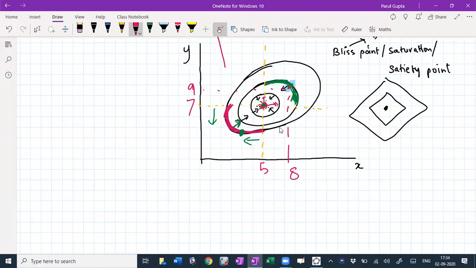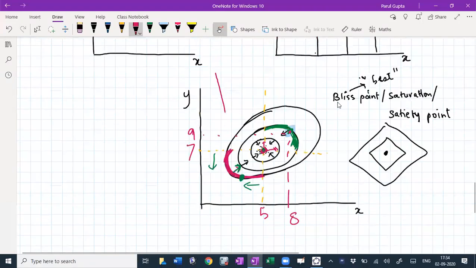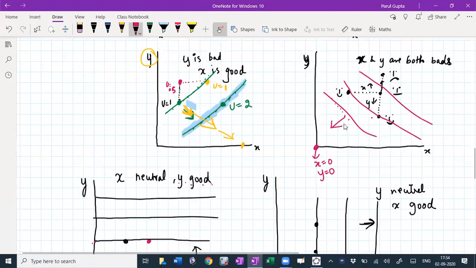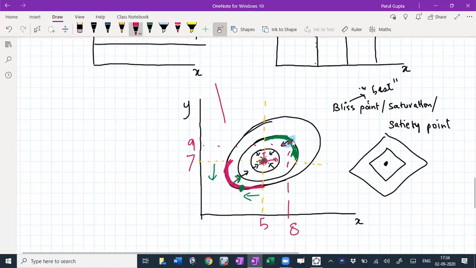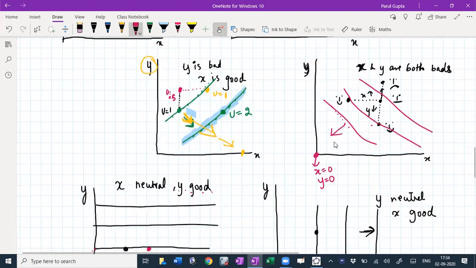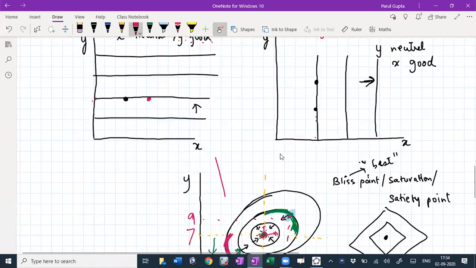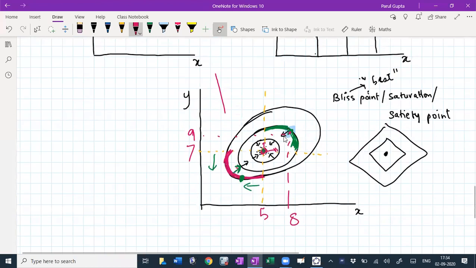I have too much of X and too much of Y, which means both the commodities have now become a bad for me, which means I want to move closer to my bliss point, just like we had in this case. So we again have a downward sloping indifference curve, but pointing in the direction of reducing both the commodities, because I want to get closer to my bliss point.